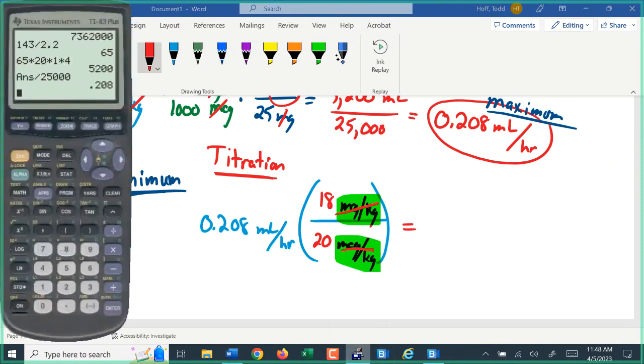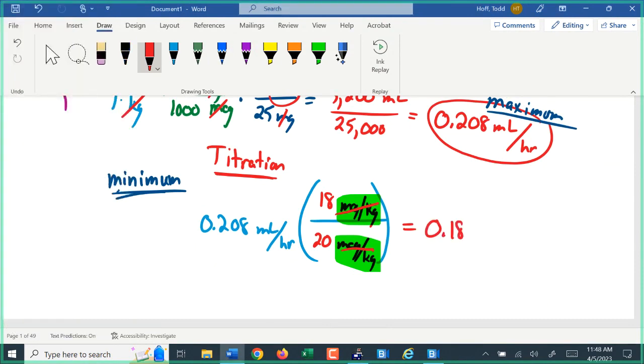So now we take our 0.208 milliliters per hour. We multiply by the 18 on top and divide by the 20 on bottom to get 0.1872, which will round to just 0.187. And the units are still this unit we started out with, milliliters per hour.